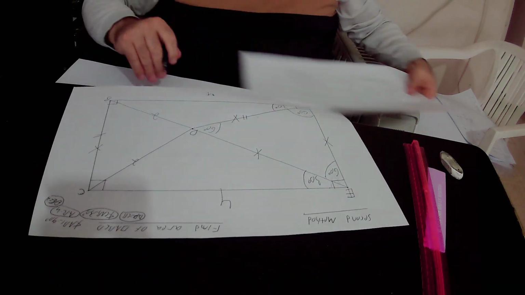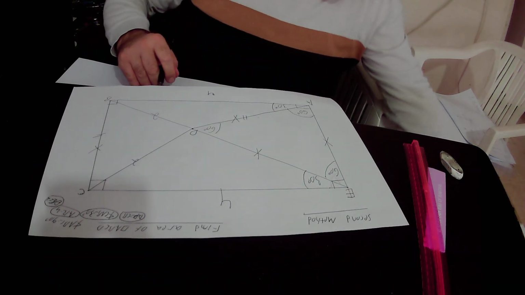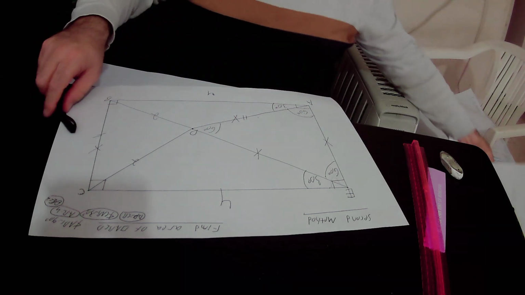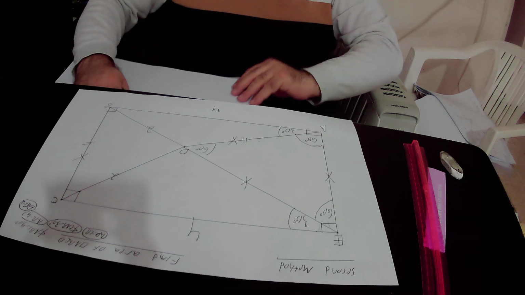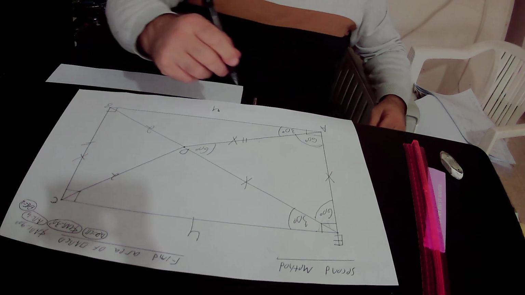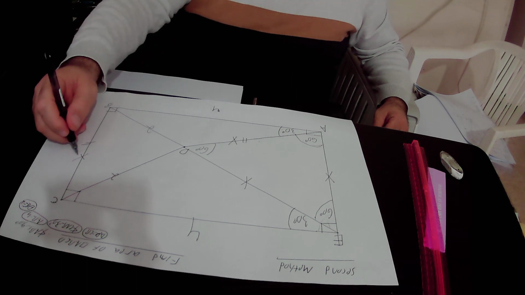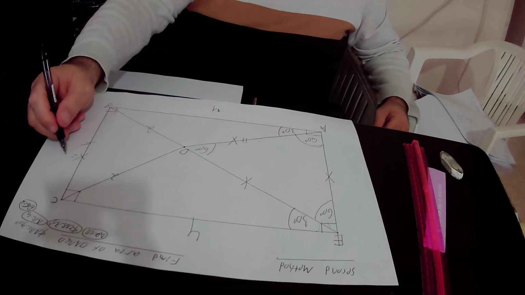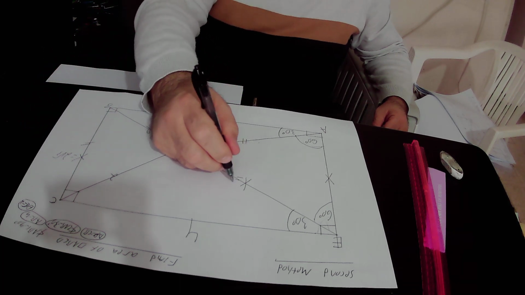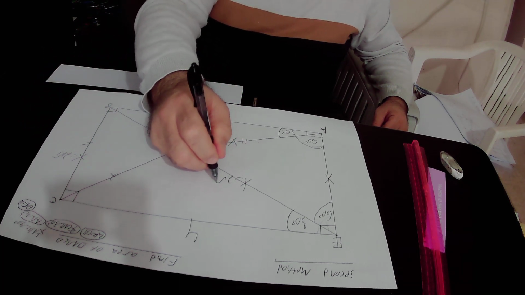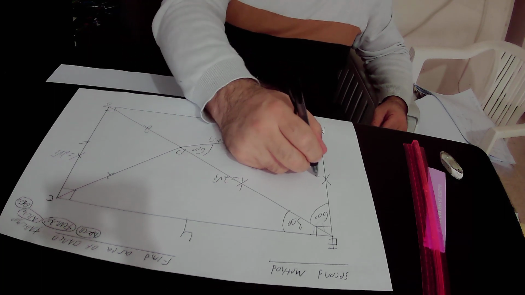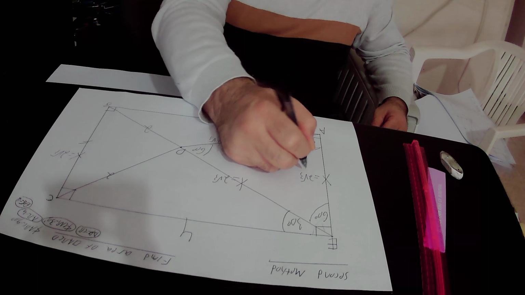So we can write here that x equals 2 times square root of 3 units, and here also x equals 2 times square root of 3 units.